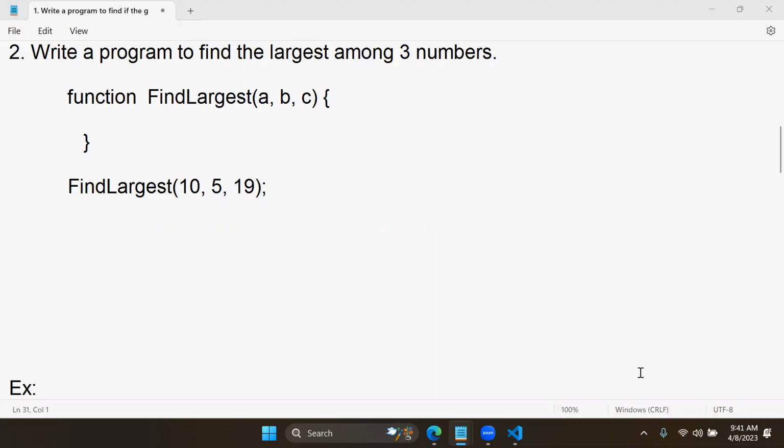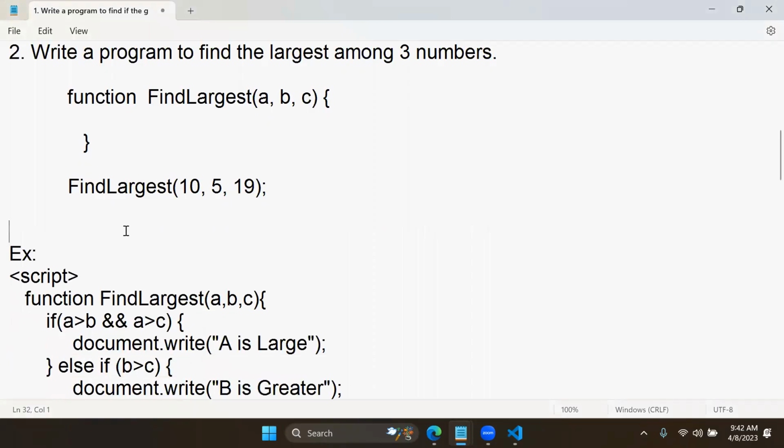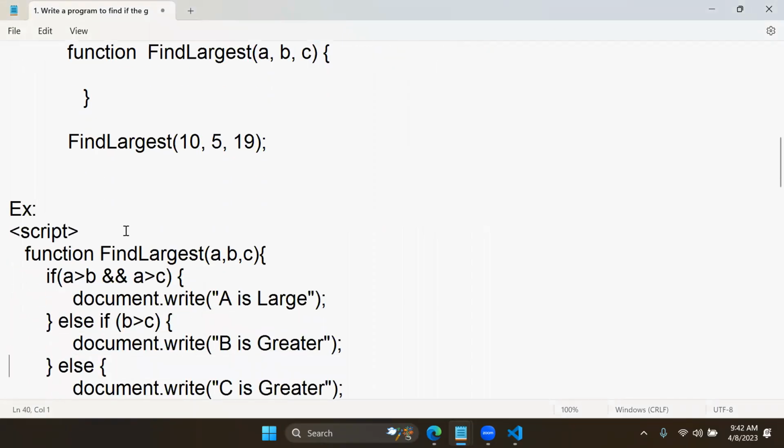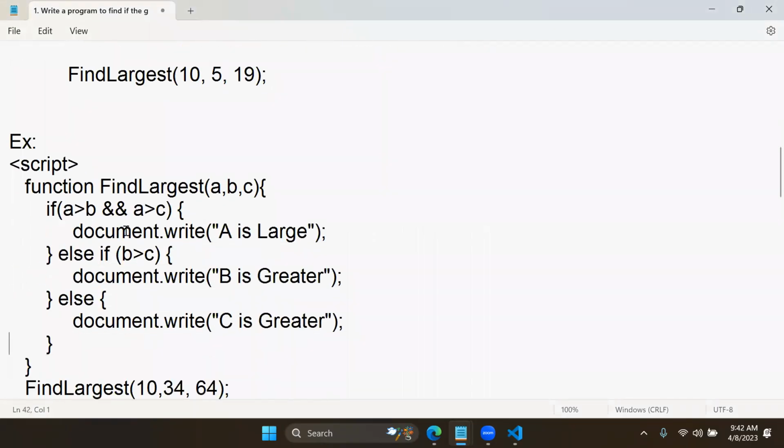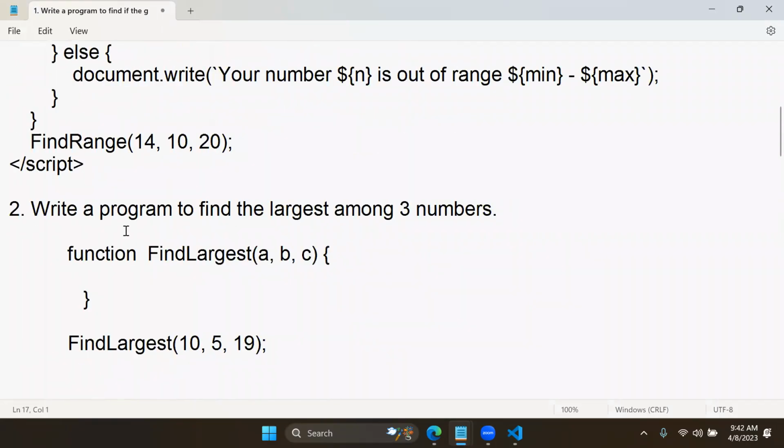Keep it simple, one at a time. So keep the logic simple. Don't try to write a lot of conditions.